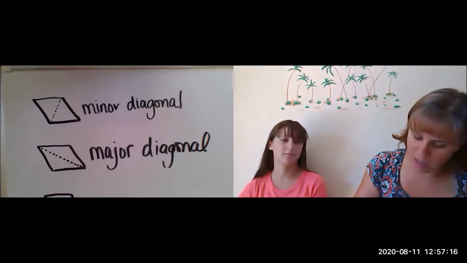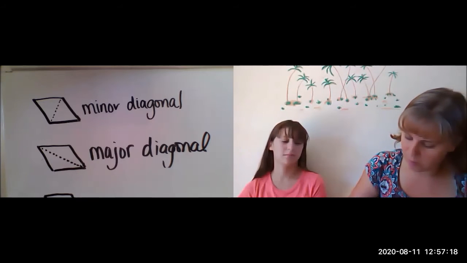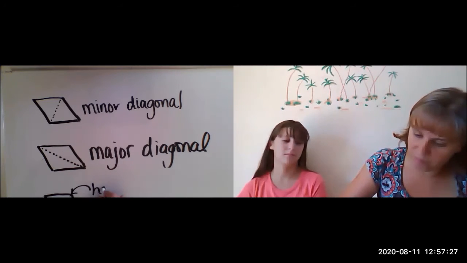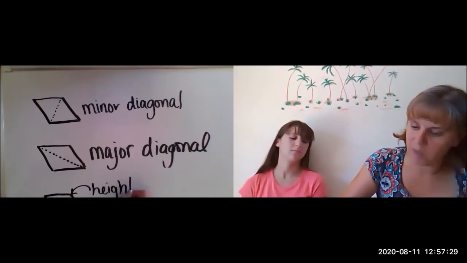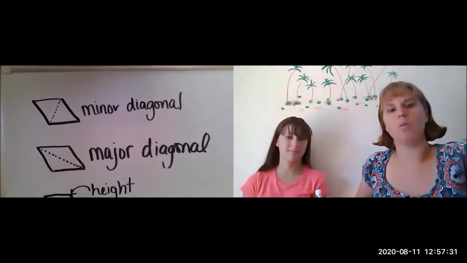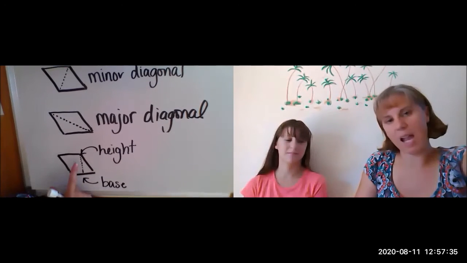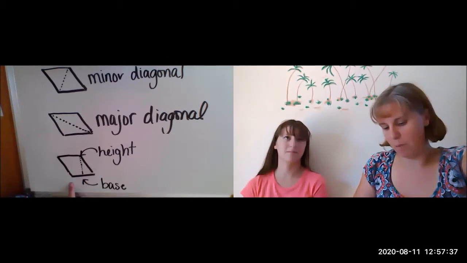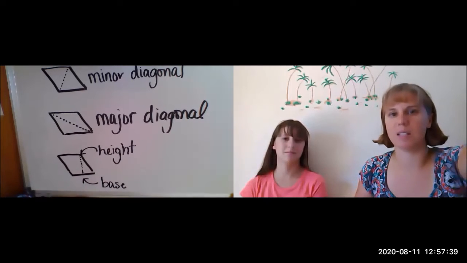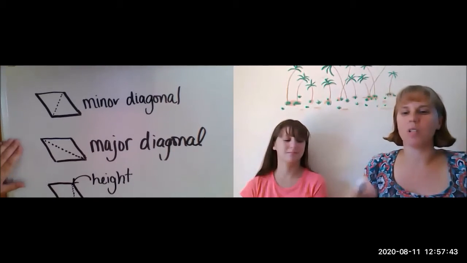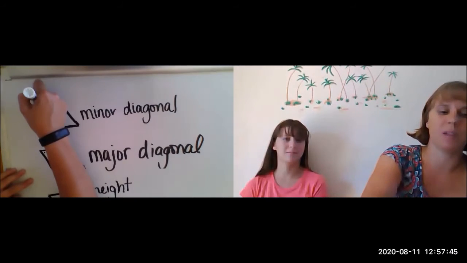We want to look at the base. And I'm going to just draw a dotted line right there. And the height. So we have one more rhombus down here. The height is this dotted line, and the base is this length that it sits on. These are the parts of a rhombus. So we are going to label your page parts of a rhombus.